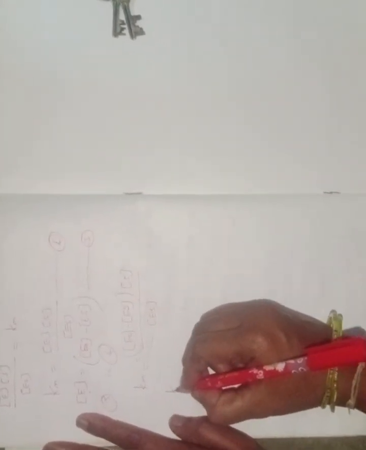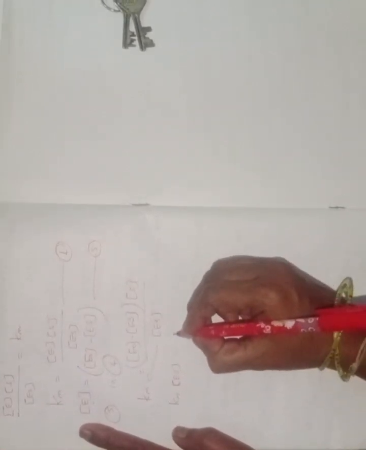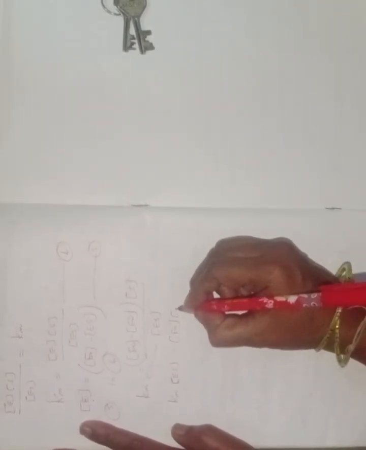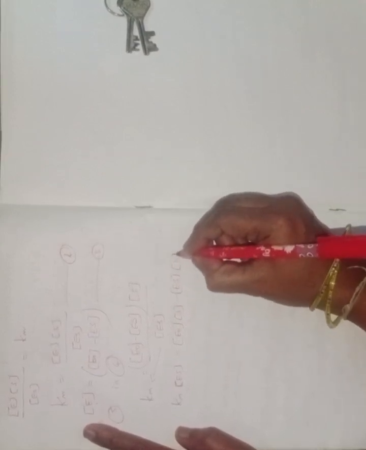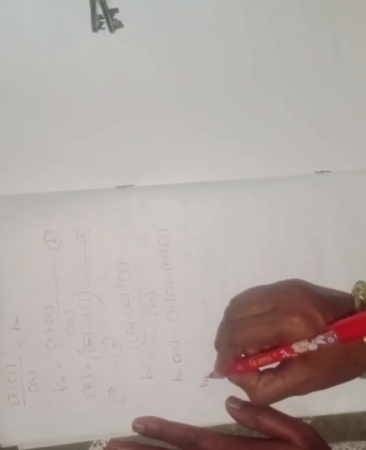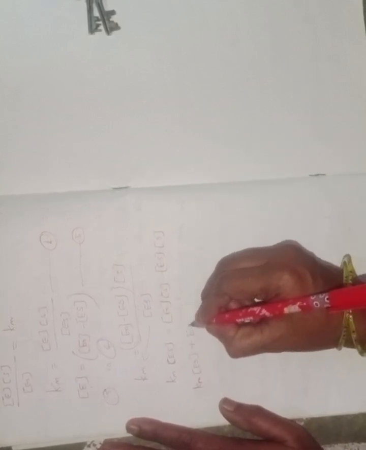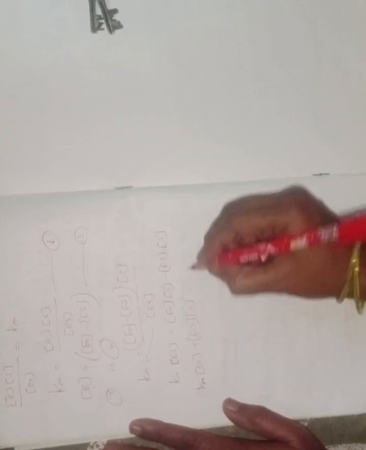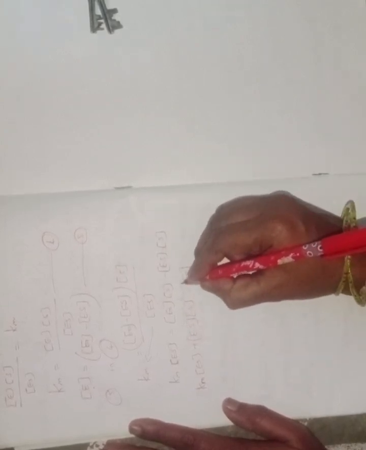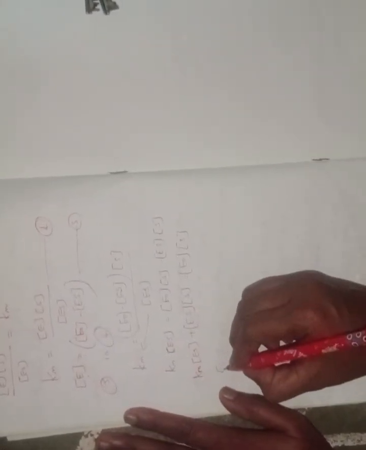Cross multiplying, Km ES equals E0 S minus ES S. Next step, Km ES plus ES S equals E0 S. In both terms, ES is common.